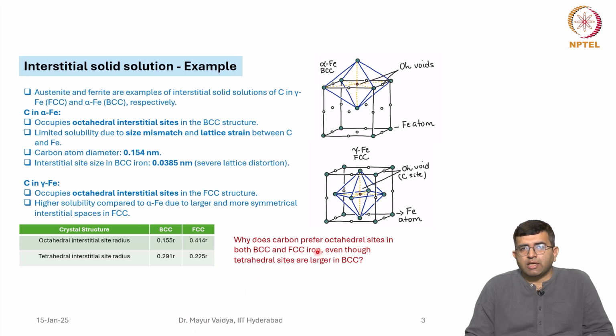This is an activity question for you. Why does carbon prefer octahedral sites in both BCC and FCC iron, even though tetrahedral sites are larger in BCC?